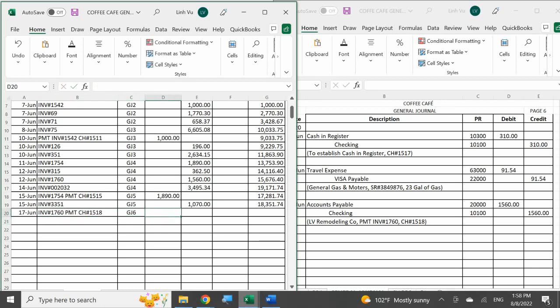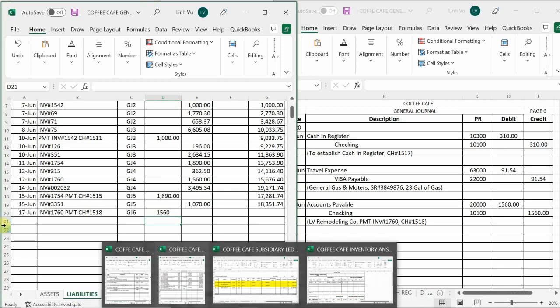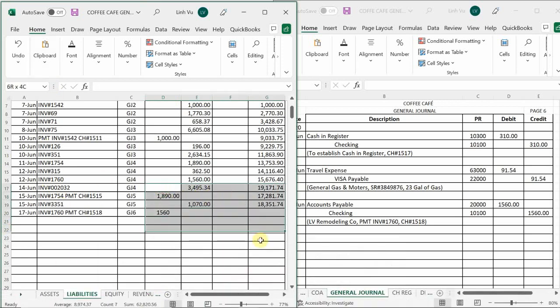And it would be a debit for 1560. Okay. So a debit to 1560 will cause us to reduce our liabilities here. Okay, so that will leave us with how much in our liabilities account? 16,000 something. $16,791.74.